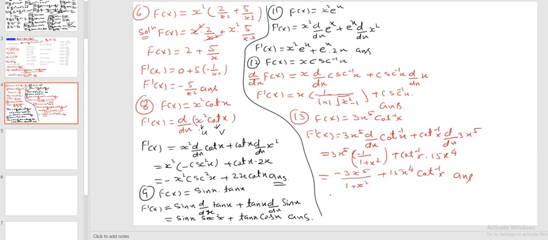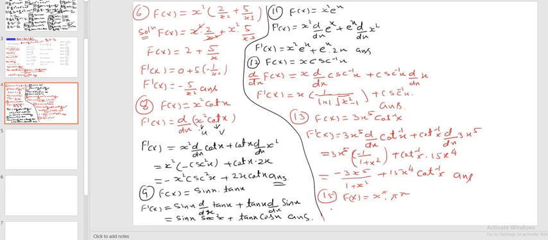Now, question number 15. f x is equal to x to the power pi and pi to the power x. So what we have to do? Again, derivative of this one.